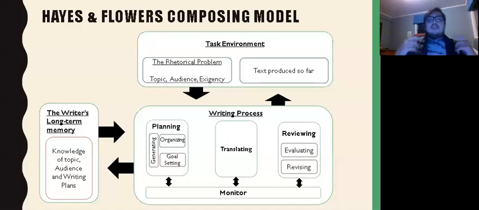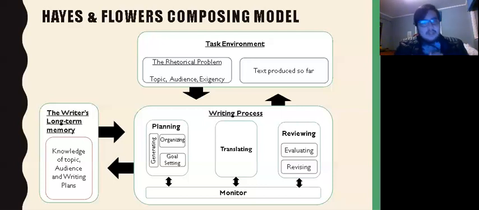This is also where Flower and Hayes give us the only monitor that we have, because we can't monitor the writer's long-term memory, we can't monitor the task environment, but we can monitor the task itself.